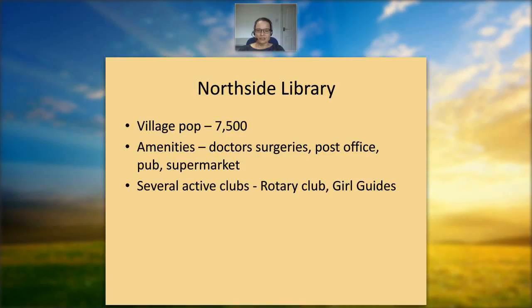If thinking of Warwickshire, it is smaller than Atherstone, probably around the size of Whitnash. So you're thinking about those types of communities that might be familiar to you. It's got a lot of amenities: doctor's surgeries, post office, pub, supermarket, and lots of activities happening there as well, from Girl Guides to Scouts and onwards.